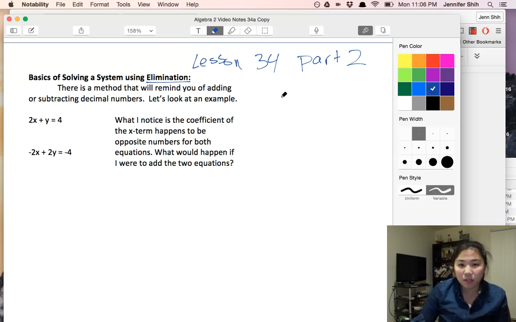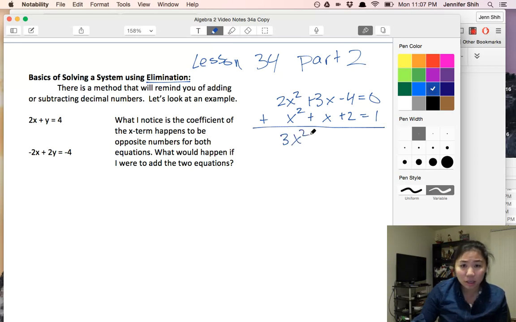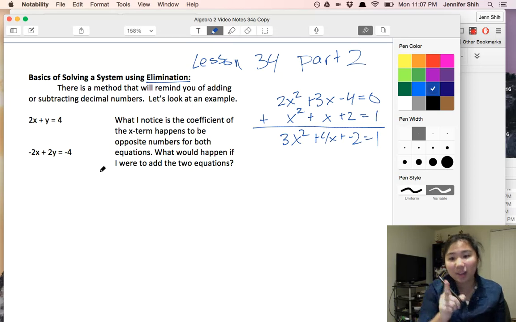I see a lot of you guys add like 2x squared plus 3x minus 4 is equal to 0, and then you'll add up like x squared plus x plus 2 is equal to 1. I've seen a lot of you add polynomials like this. You line up your like terms and then you add them, which is great because we are also going to do that today, but it's going to help us eliminate a variable.